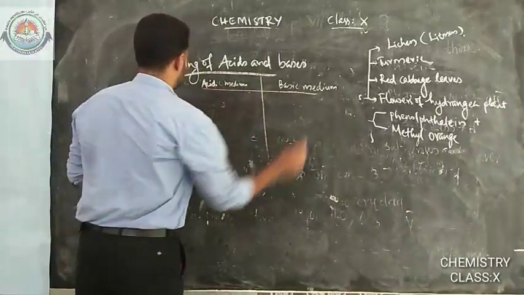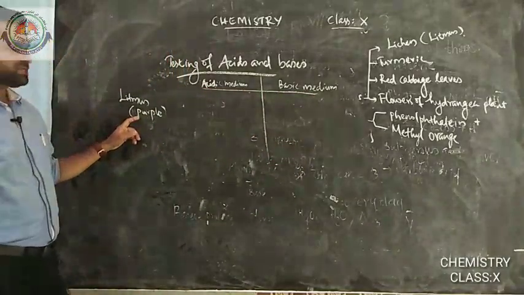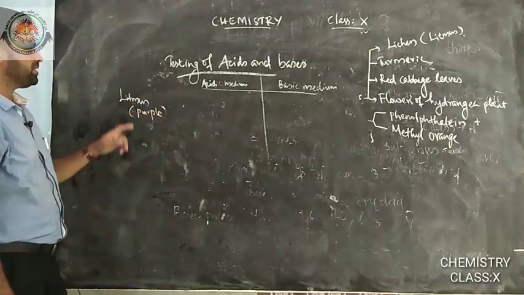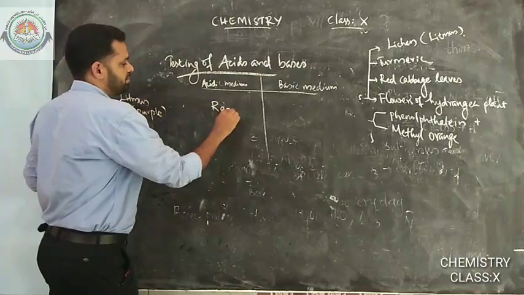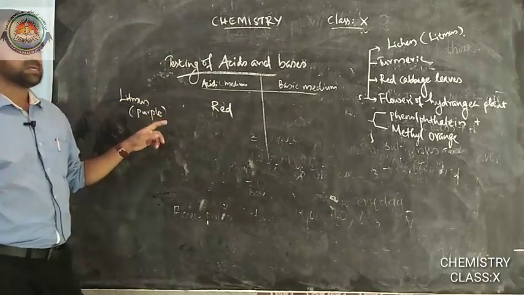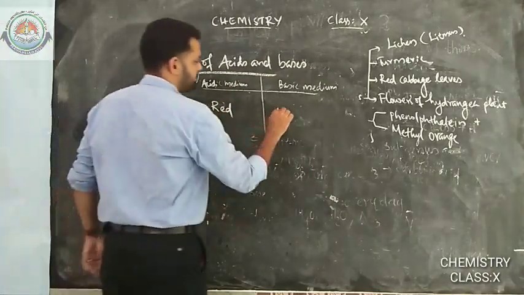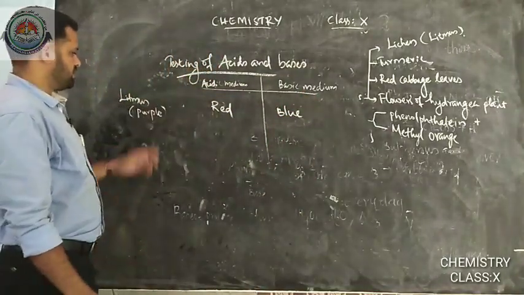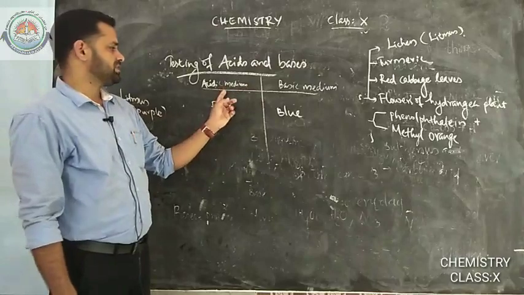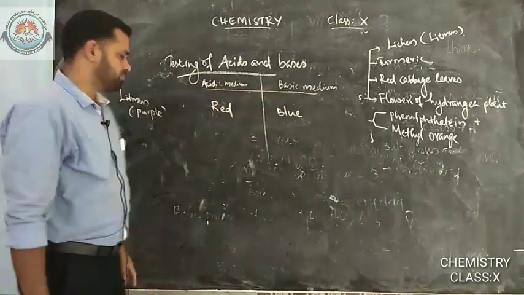In acidic medium, it becomes red. Litmus solution is red in acidic medium and blue in basic medium.